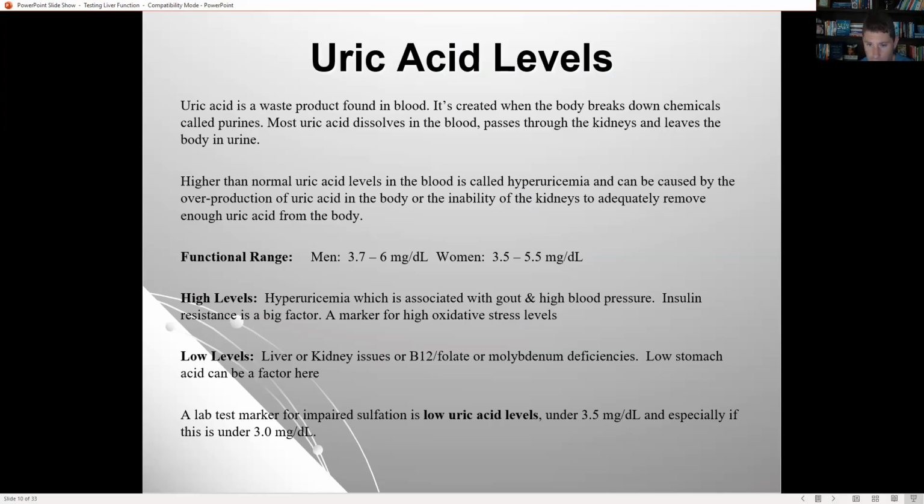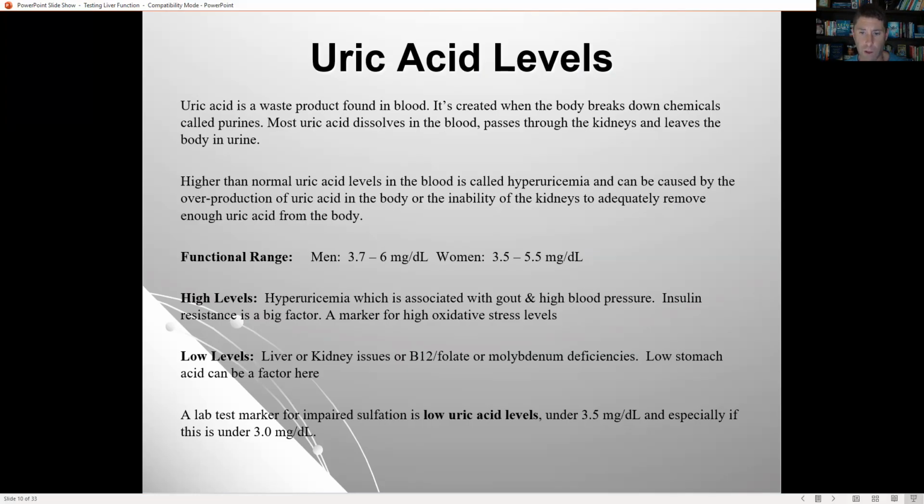Okay, so we actually should have a certain amount of uric acid, and low levels are a sign that we're really not breaking down protein effectively, which obviously can be related to low stomach acid, can also be related to molybdenum issues, right? Liver, kidney issues, and in some cases B12 and folate, like methylation types of problems. Obviously, if the kidney is having issues, the liver is having issues, we're not going to be able to produce the right amount of uric acid. Okay.